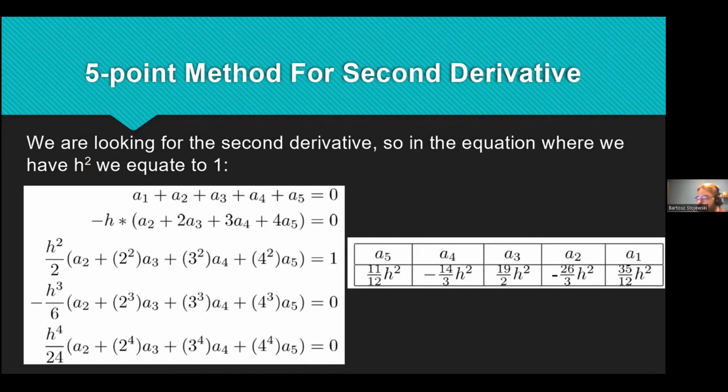And then we obtain a system of 5 algebraic equations that allows for the determination of coefficients approximating the given second derivative of the function at the point x, as shown in the table on the right-hand side.